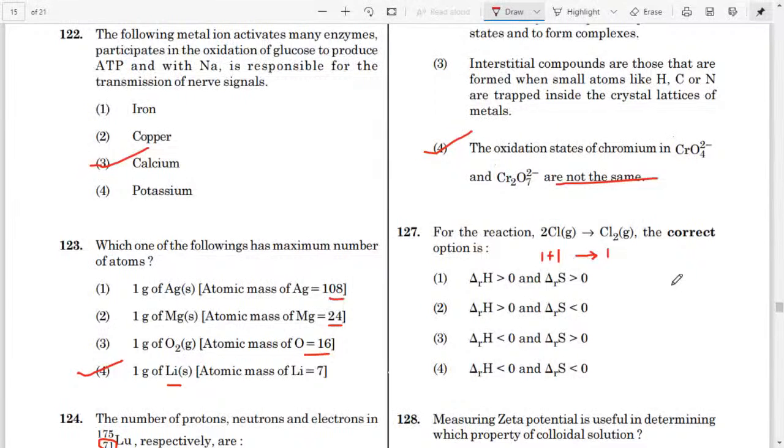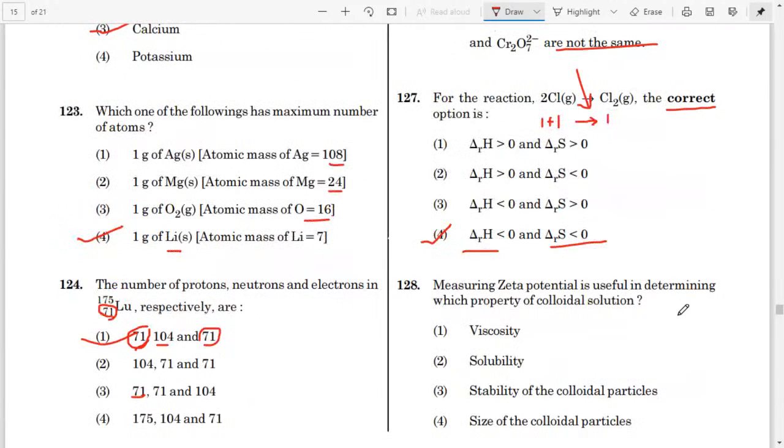The correct option is entropy decreases, that is, entropy change is less than 0, and enthalpy is less than 0, that is, temperature is required to make chlorine gas. So option number 4 is the correct option, students.